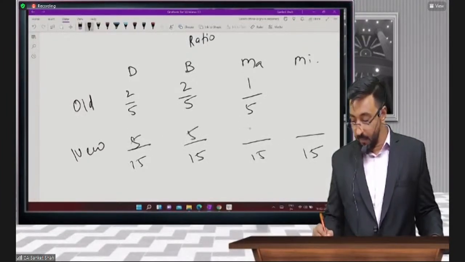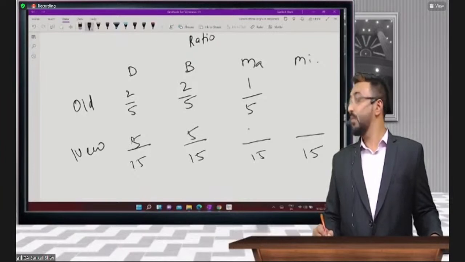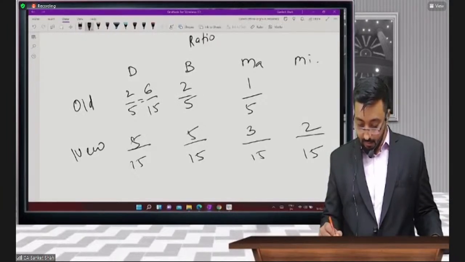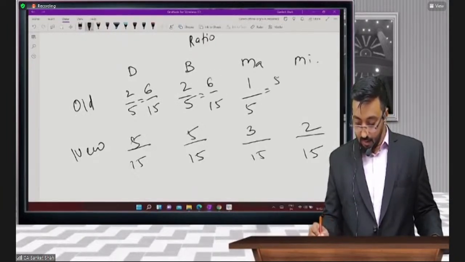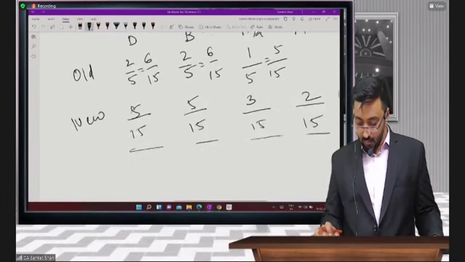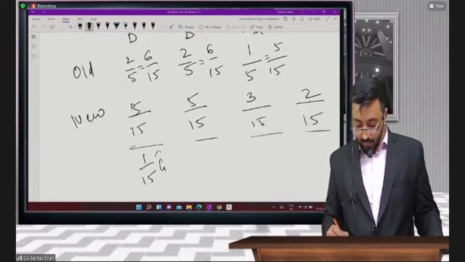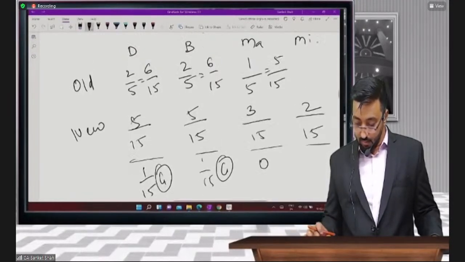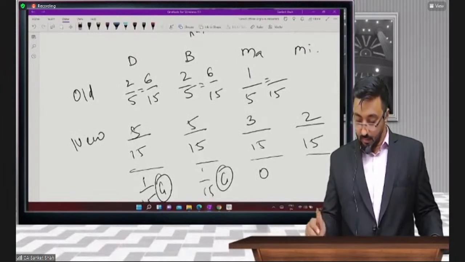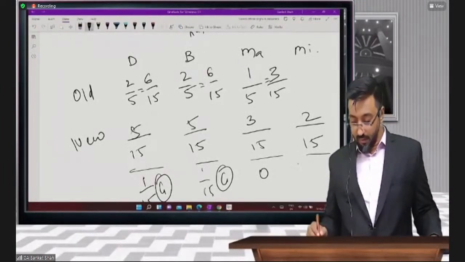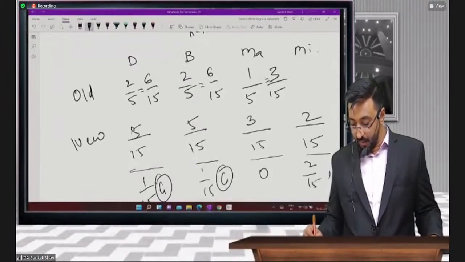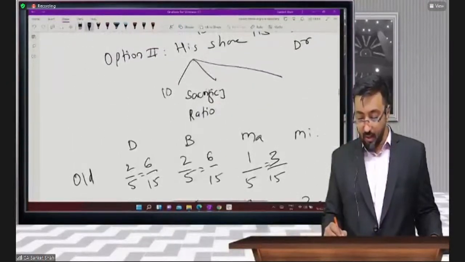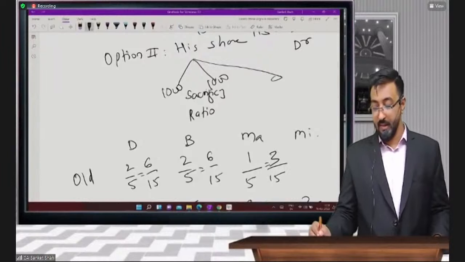New ratio 5, 5, 3, 2, that is 6/15, 6/15, 3/15 old and 5/15, 5/15, 3/15, 2/15 new. 1/15 giver, 1/15 giver, 0 for Malik, and 2/15 receiver. So beta, sacrificing ratio is 1:1, and therefore the answer is 1,000, 1,000 and 0.